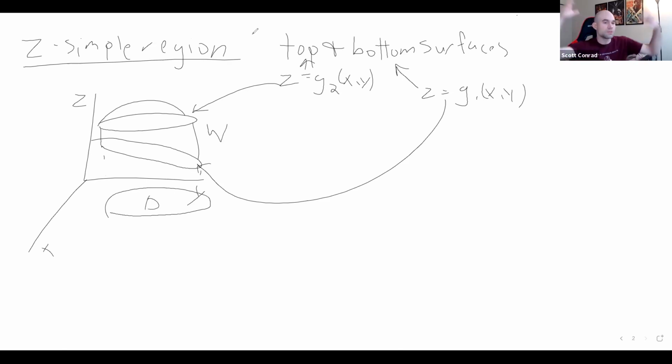So this is our solid region W. We have a top and a bottom surface, and we say x and y lie in D.